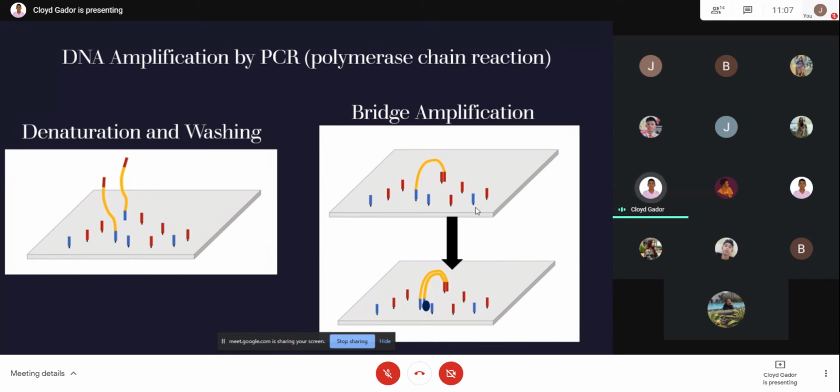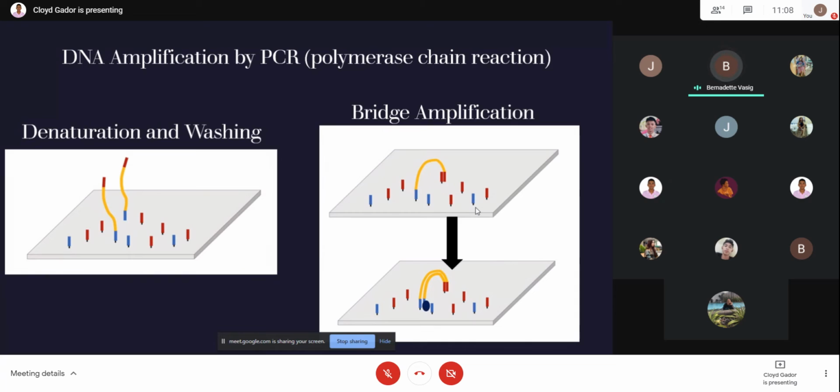I think, ma'am, its purpose is to make enough copies of the targeted DNA sequence, ma'am, or particular genes. Okay.